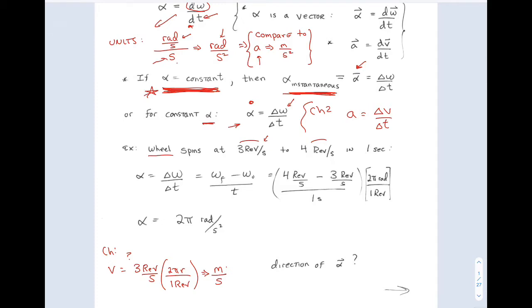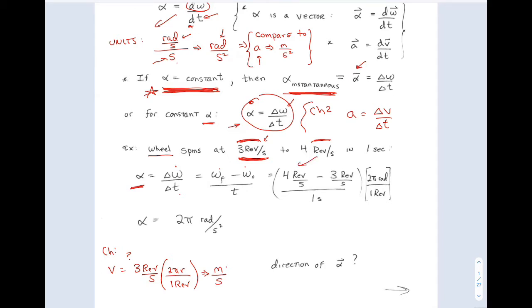And then back in the circular motion chapter, we said that this quantity, eventually we'll call it an angular speed. So this is omega. Omega initial is 3, omega final is 4, but it's not in the correct units. So when we want to find the angular acceleration, using our basic expression, the change in angular velocity with respect to time, omega final minus omega initial, that omega final is not in the correct unit.